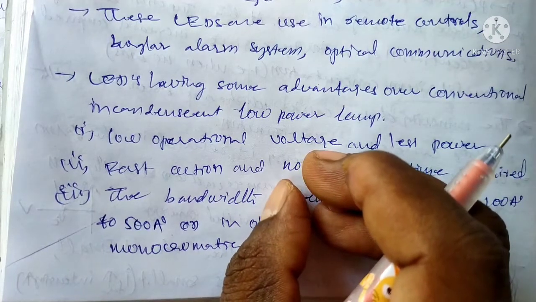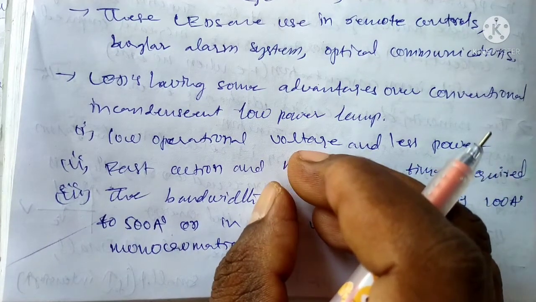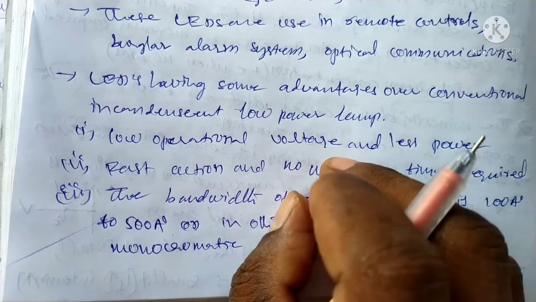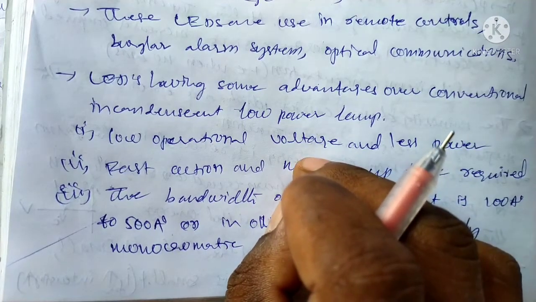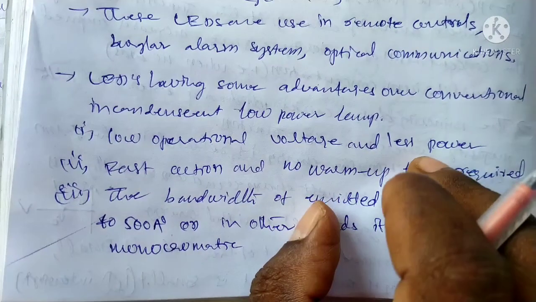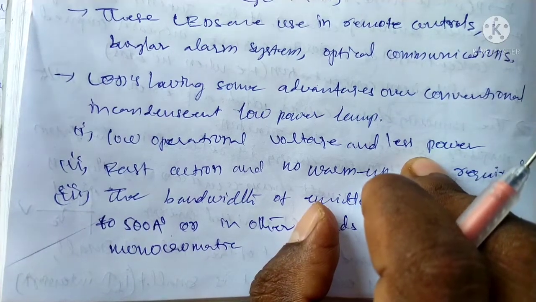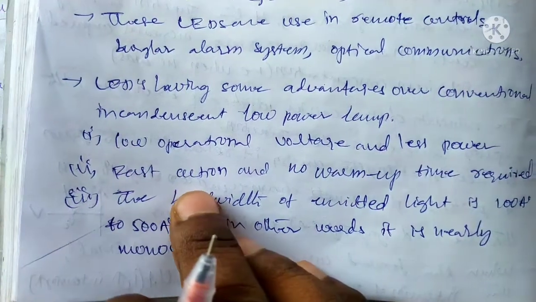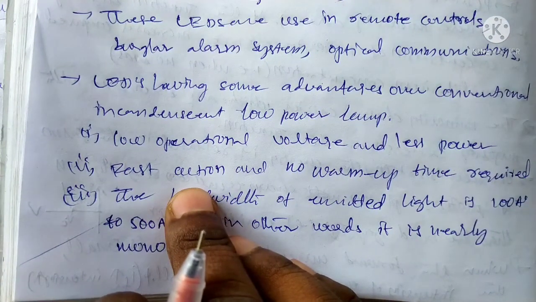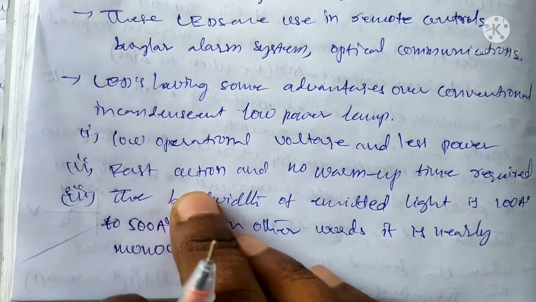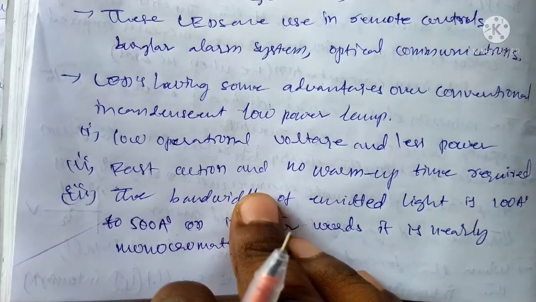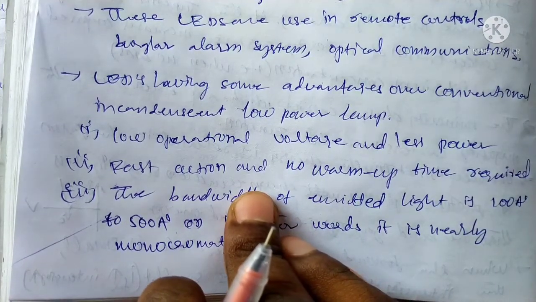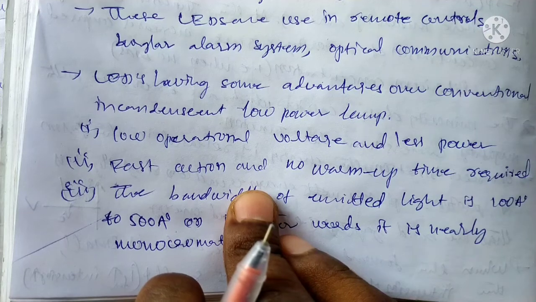It emits light at low voltage, that is, with less power. It uses less power and can emit high power. Also, fast action occurs within a few seconds. There is no warm-up time required; it can be switched on and off.